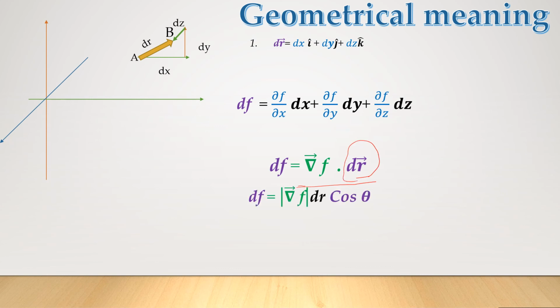This can be written using the definition of the dot product: modulus of the gradient of the field. This is not a determinant, this is modulus. Anyway, this is a vector, it will have magnitude. This is the magnitude of the gradient vector, into the magnitude of dr, into cos theta.